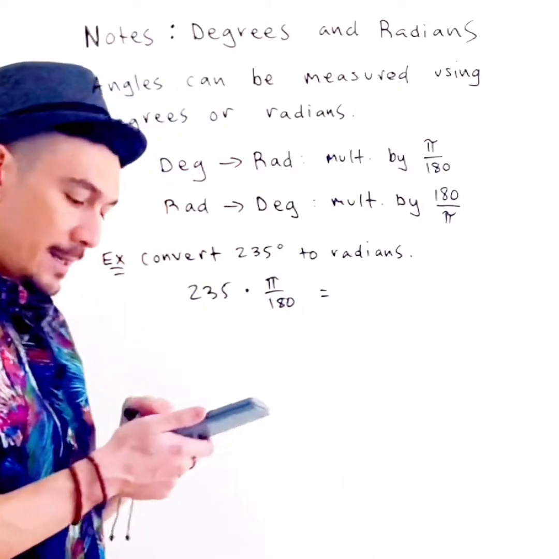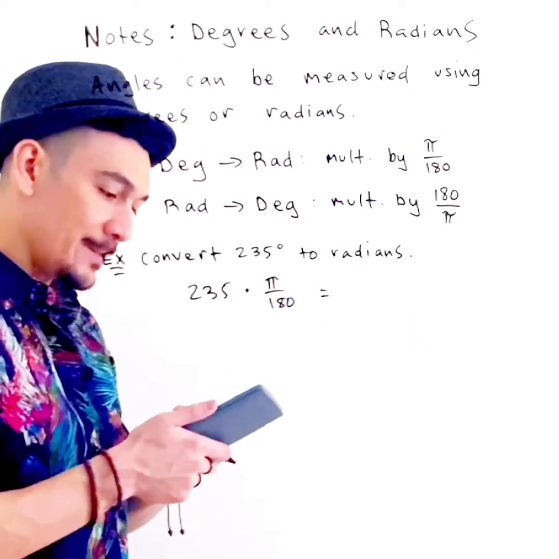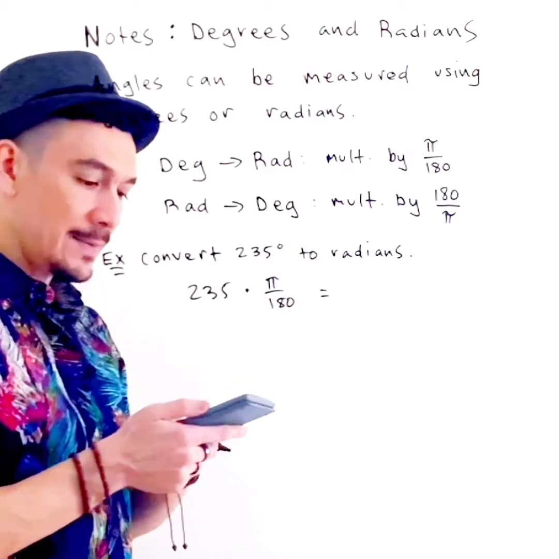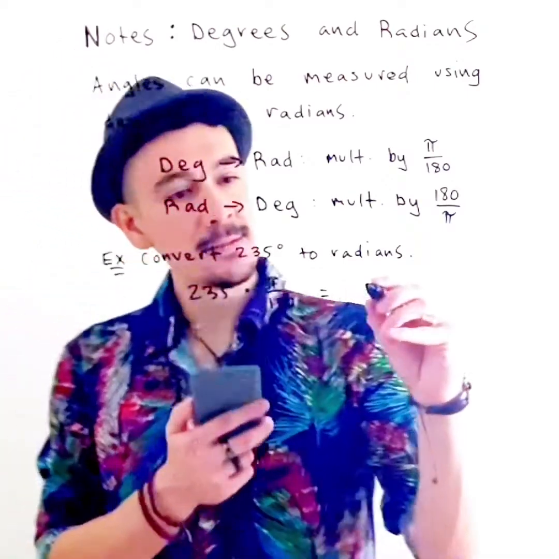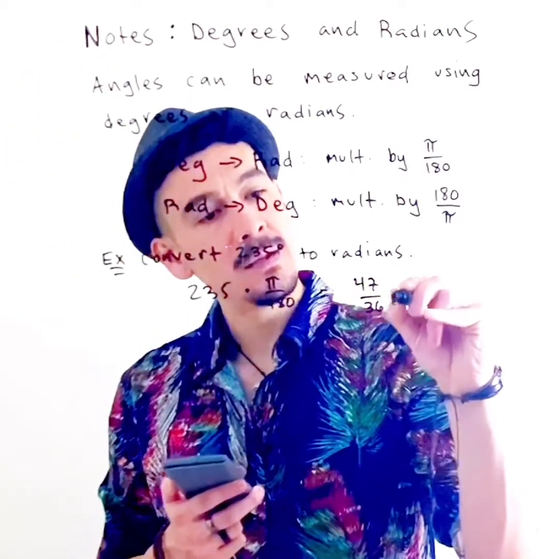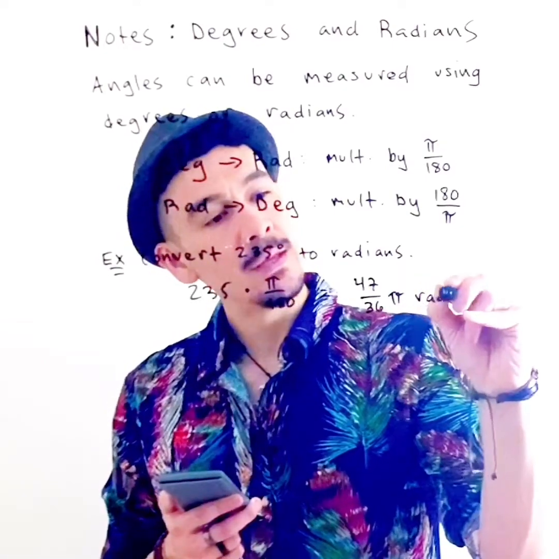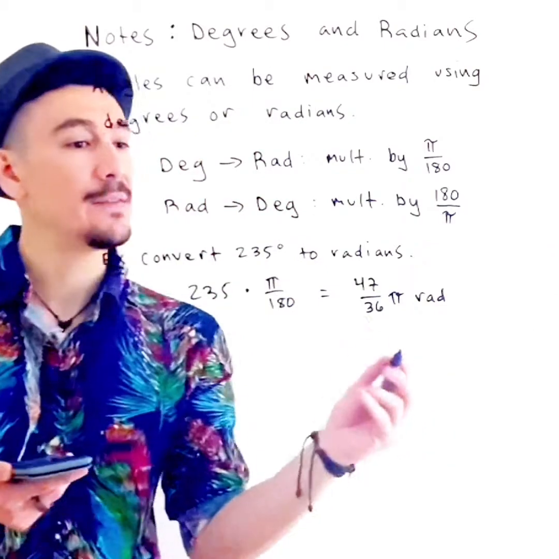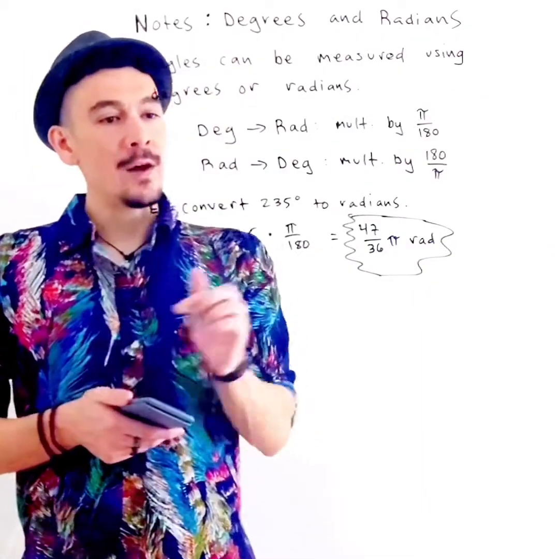As I said, you can literally type that in exactly as you see it. Hit enter. And the Casio says 47 over 36 pi. The abbreviation for radians could just be rad. You can just leave it like that. So that's how you convert from degrees to radians.